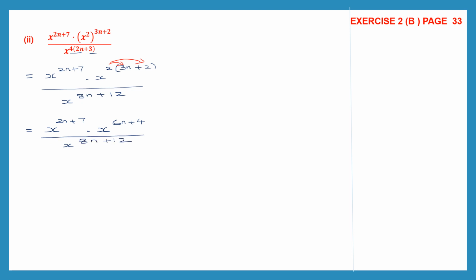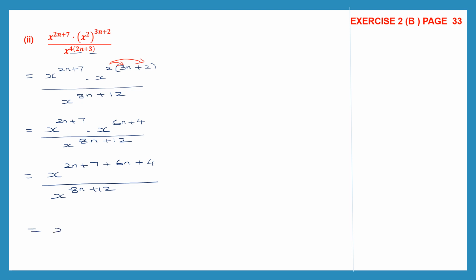Now when the base is the same, we can add up the powers. So here it's multiplication and the base is the same. So let's add up these powers. So this will be x to the power of 2n plus 7 plus 6n plus 4. And down here we have x to the power of 8n plus 12.